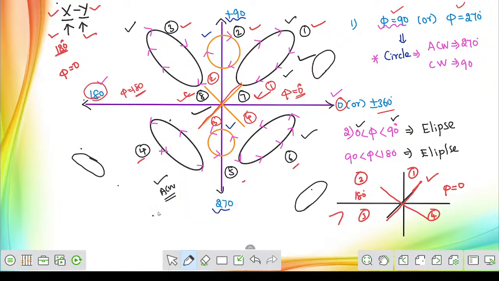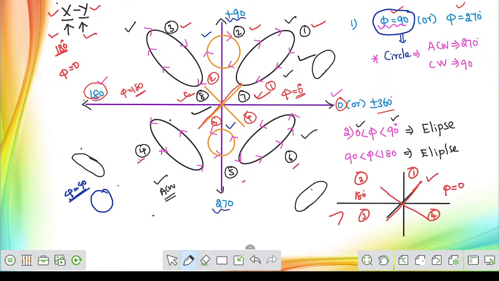Next, what they will ask is, suppose the phase angle is exactly 90 degree. Observe here, I have already written. There are two cases. First, if the phase angle is exactly 90 degree, then on the CRO screen you will get a circle. Exactly, if the value of phase angle becomes 90 degree, you will get a circle.